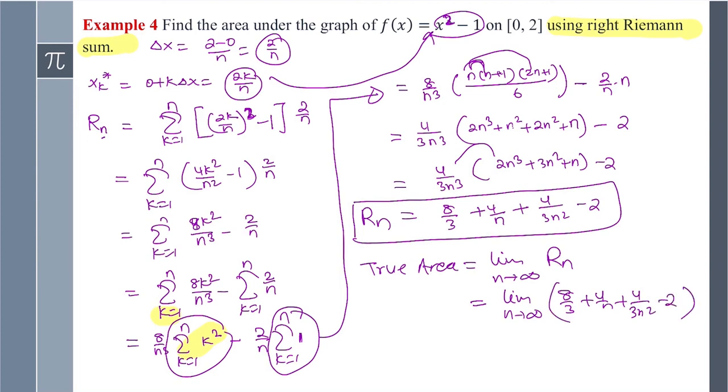When we find the limit, what happens? This goes to 0, this goes to 0. So all we have here is 8/3 minus 2, which is 2/3. And that is the exact area under that curve from 0 to 2.